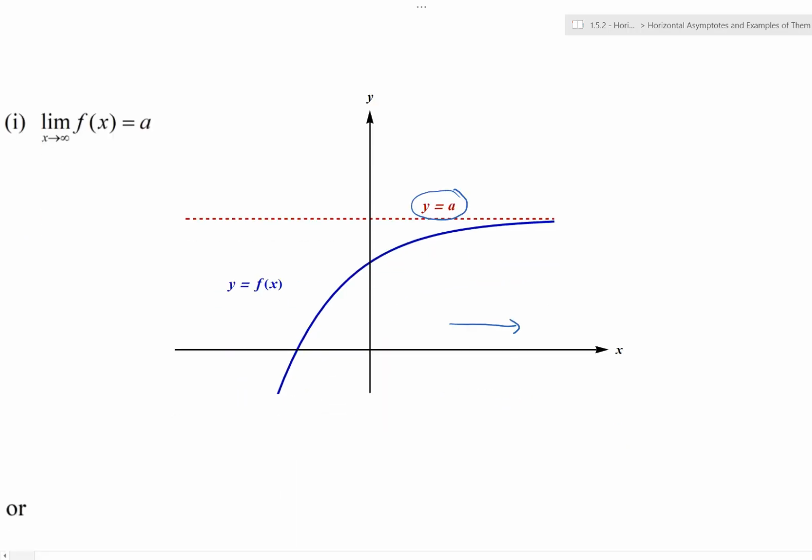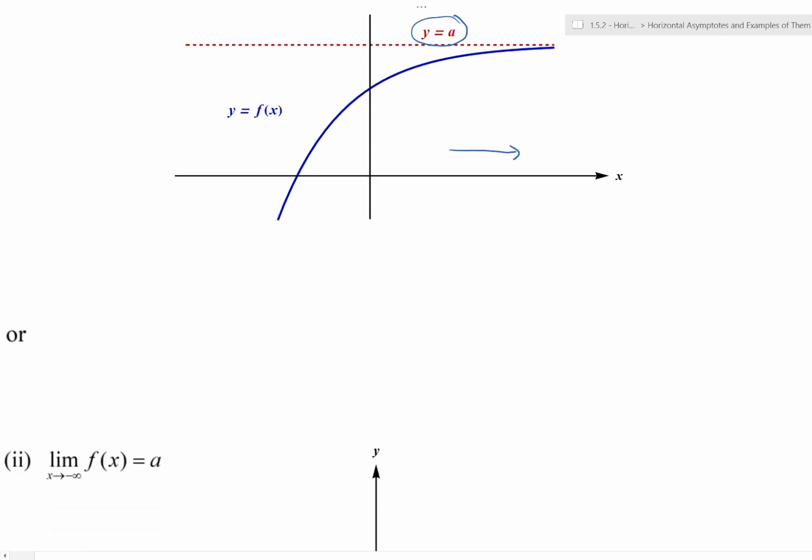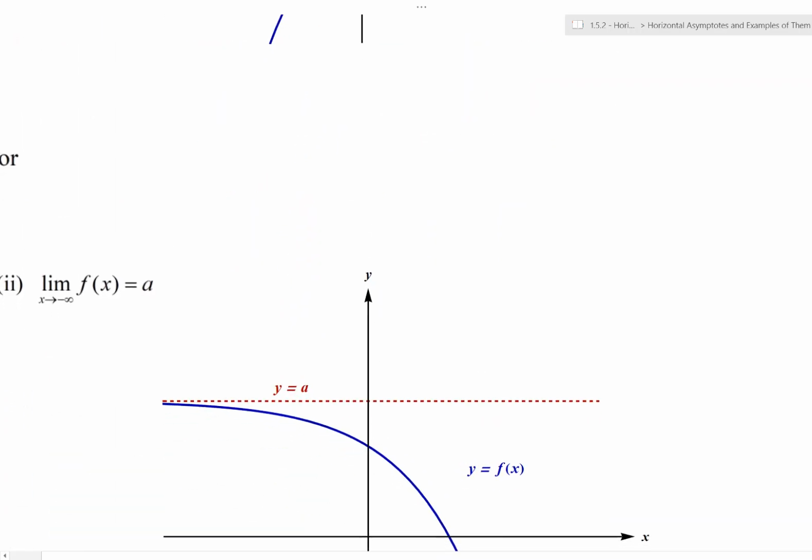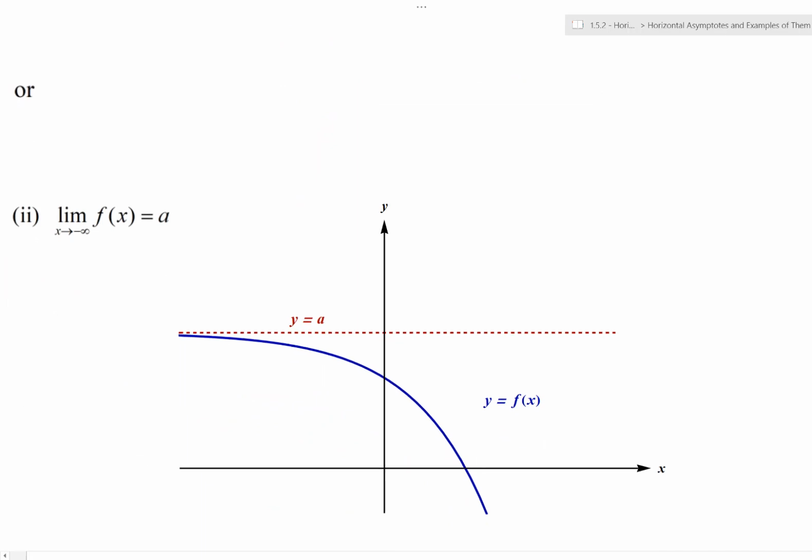So that could happen, or you could have the other direction happening, and that is if x now goes to negative infinity and my function approaches some unique real number a, as we can see in the diagram on the screen, that's happening, and thus y is equal to a is a horizontal asymptote for the function f of x.